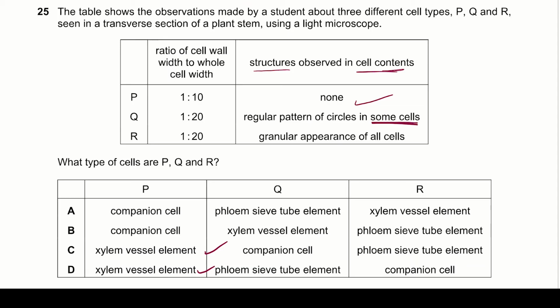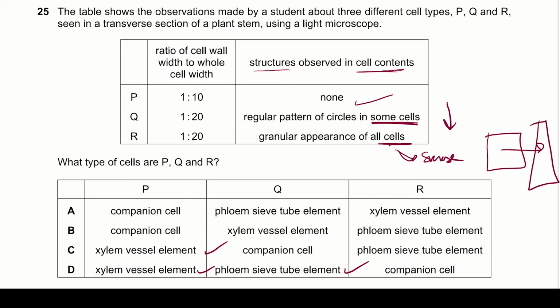Why? Because phloem sieve tube elements have a much lower proportion of organelles. So this is correct. For R, granular appearance of all cells. This is correct because of the amount of sucrose that it has. Because companion cells pump H+ ions and co-transport sucrose inside, so it could be diffused to the sieve tube elements. Therefore, the answer is going to be D.